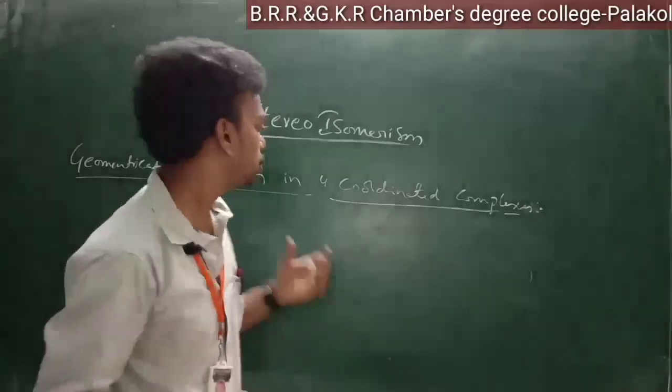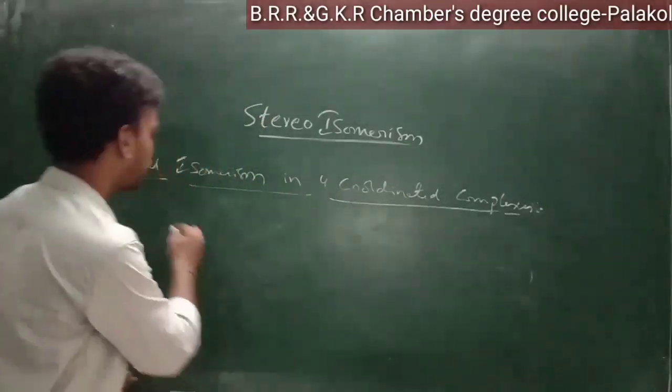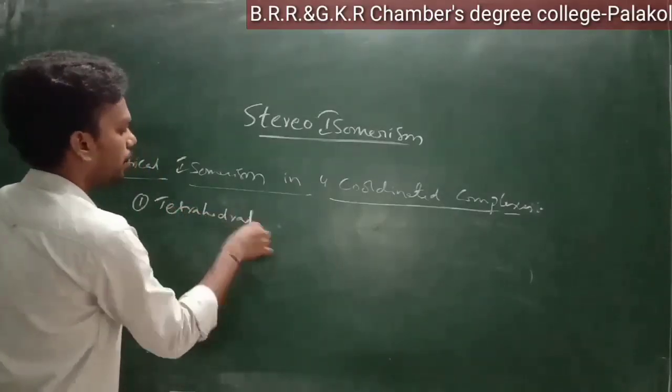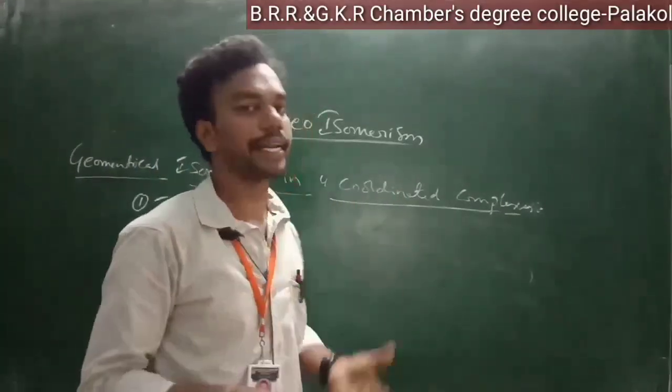Geometrical isomerism cannot be shown by tetrahedral complexes.